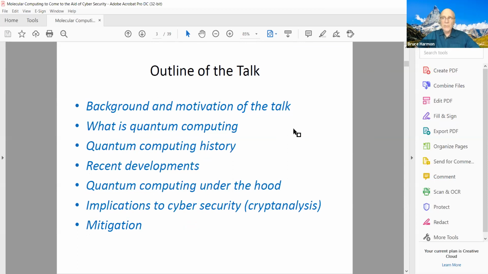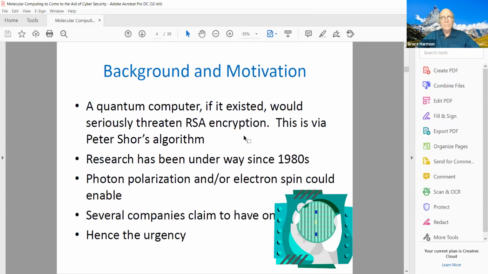Because from a cybersecurity point of view, the quantum computer represents a possible attack vector and probable attack vector to encryption as we know it today. So the quantum computer then, if it existed, would seriously threaten the RSA encryption technique used broadly, almost universally at this point.